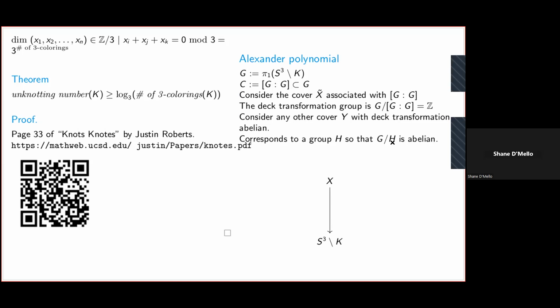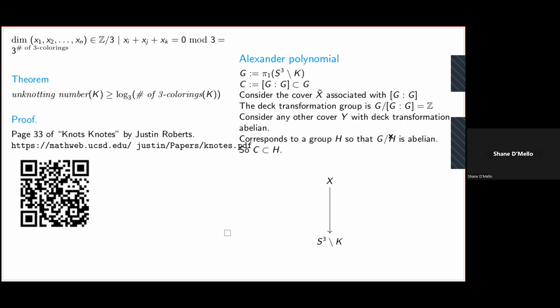As you know, there's this Galois correspondence between subgroups and covers, and the group of covering transformations of a cover is isomorphic to the quotient of the corresponding subgroup, right? A quotient by that.